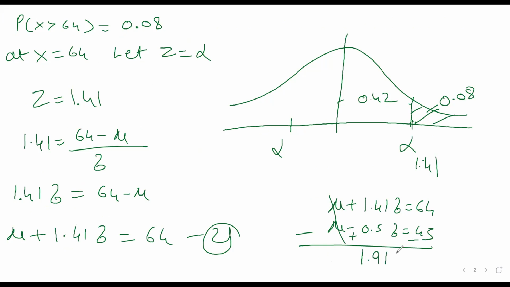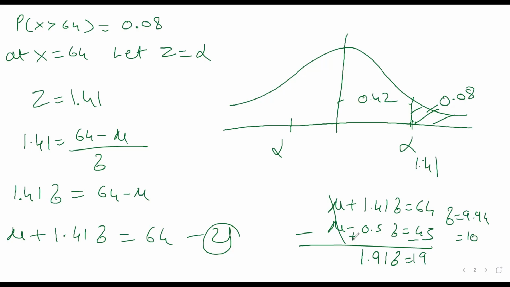This is 1.91 standard deviation. 64 minus 45 is 19. 19 divided by 1.91 is 9.94. Standard deviation is somewhere 9.94, or it can be approximately taken as 10. And then you can find out mu by putting it here.